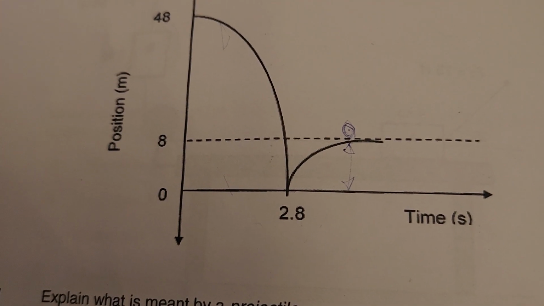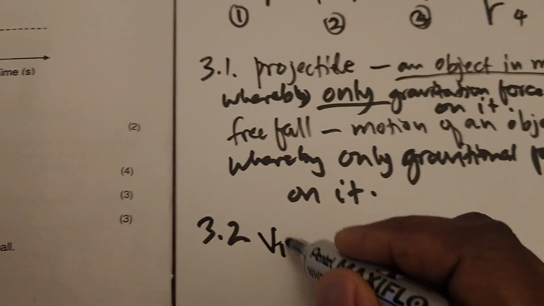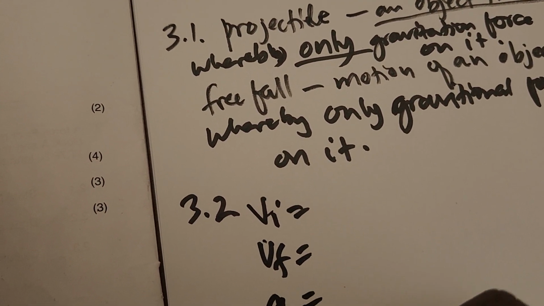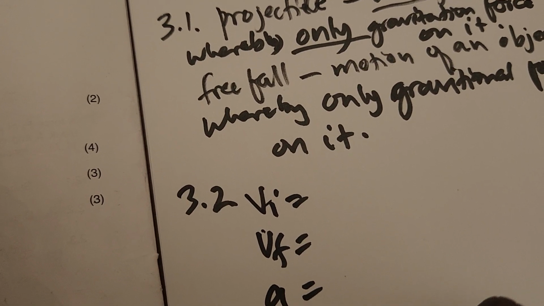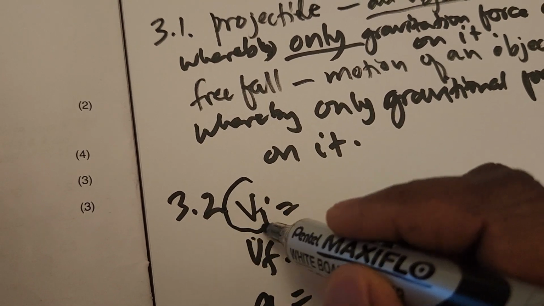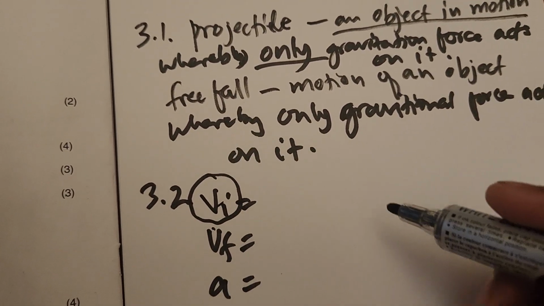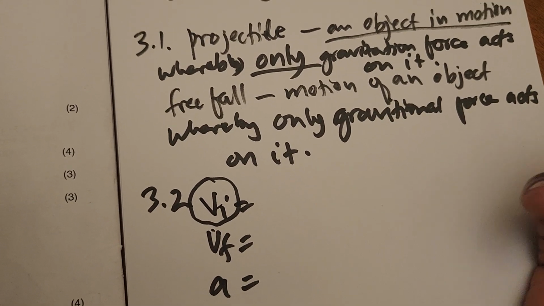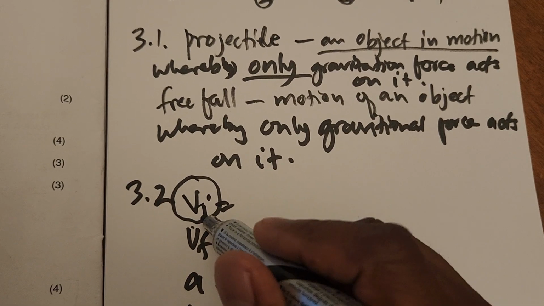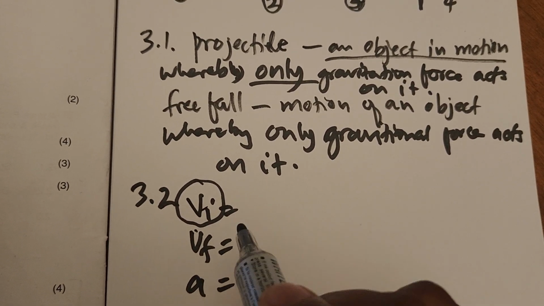We always advise learners to write the 5 quantities: VI, VF, A, delta T, and delta Y. Remember, all the equations of motion have VI. Therefore, the direction of VI will tell us whether we choose upward as positive or downward as positive. So we always follow VI. Please listen, we always follow VI.